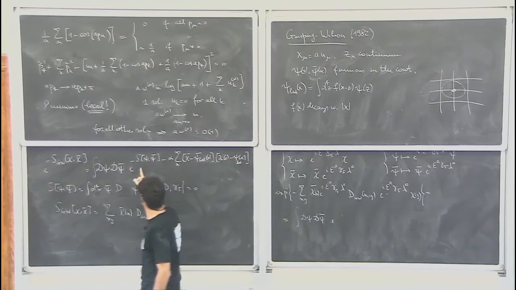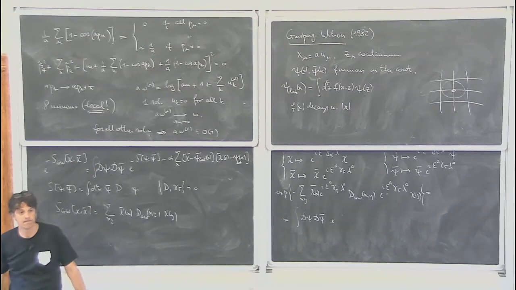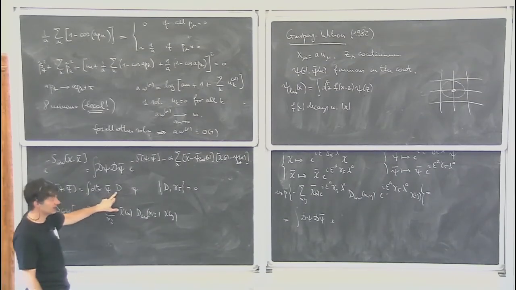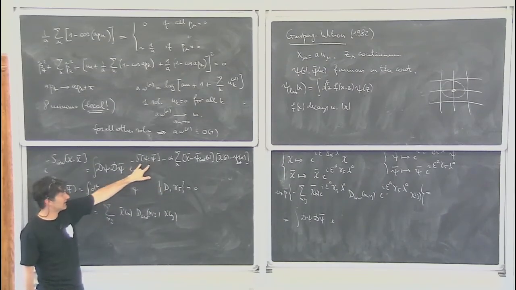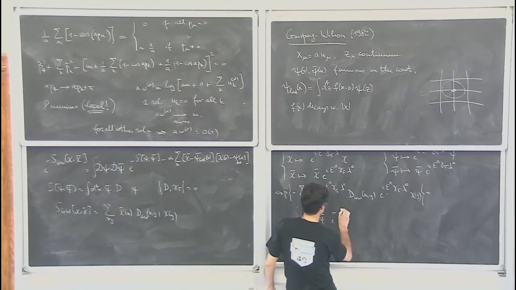What happens to this term? Yeah, it's invariant, okay, because this is where I'm going to use the fact that this is the theory in the continuum. It's chiral invariant, okay? So when I change variables, this doesn't change, so I can write it again exactly the same.